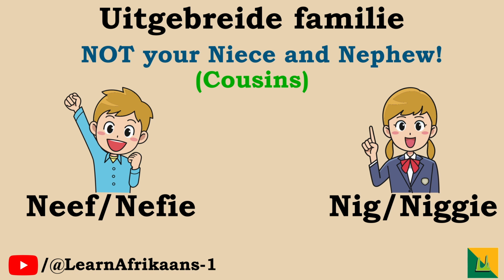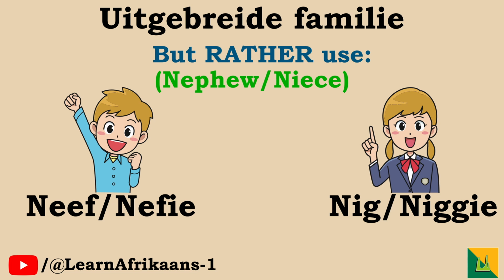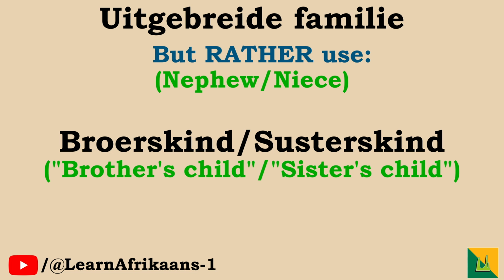It is important not to get confused with niece and nephew in English, because your niece and nephew refer to the children of your own siblings. However, in Afrikaans, your niece and nephew are once again neef, neefie, nig, niggie, the exact same as your cousins. However, the more popular terms are broerskind and susterskind.